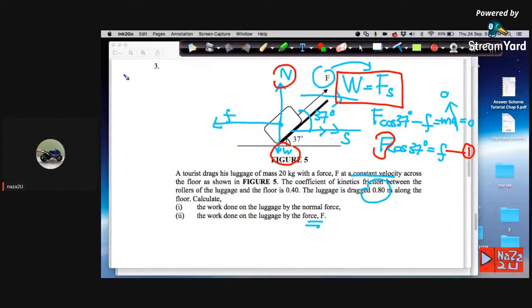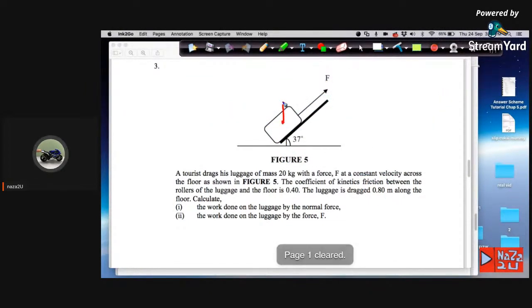So kita rujuk kepada Y component, because jasad ini hanya bergerak pada arah X, dia tak bergerak kepada arah vertical. Jadi maksudnya daya ke atas sama dengan daya ke bawah. So daya ke atas kita ada N. Okay, satu lagi ya, saya padam yang ini dulu. Okay, kita ada normal force kat sini. Ada because jasad ini ditarik ke arah sana.